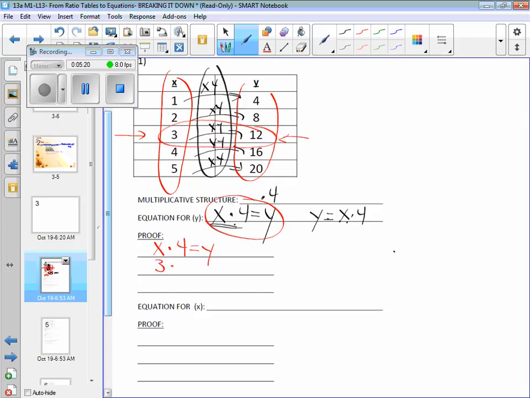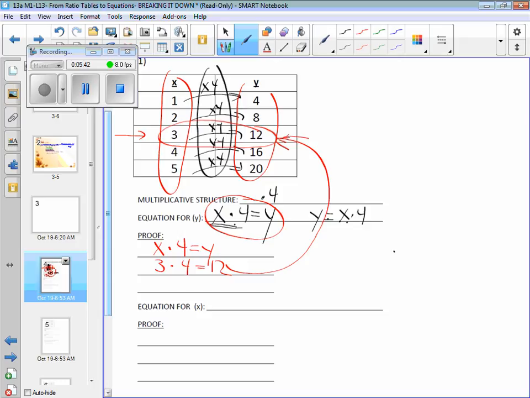This times 4 never changes. That's your multiplicative structure. That never changes. Not right now. Evaluate it. What's 3 times 4? Is that the other half of the ratio?